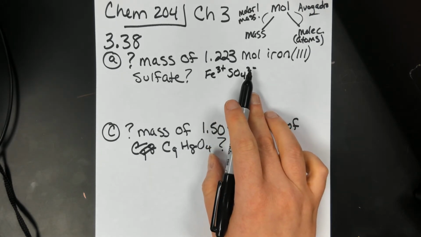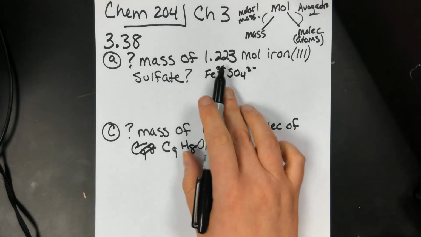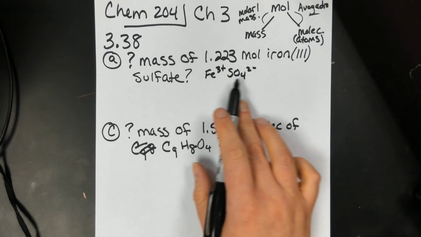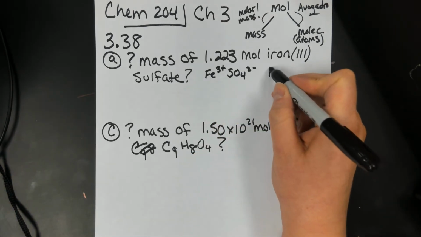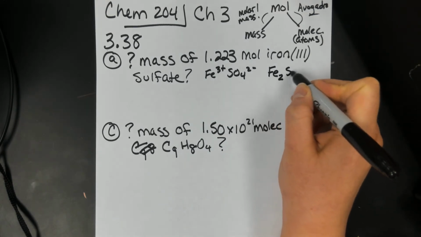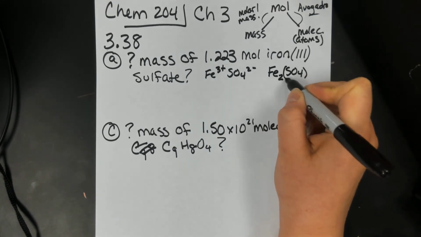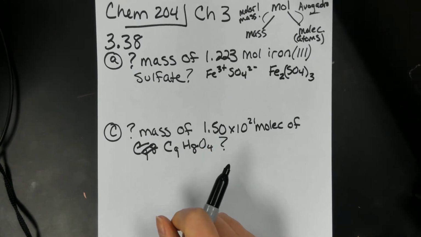The least common multiple would be a 6. So I'm going to need 2 Fe's to have a positive 6, and I'm going to need 3 SO4's to have a -6. So the formula is Fe2(SO4)3. Guys with me on this?